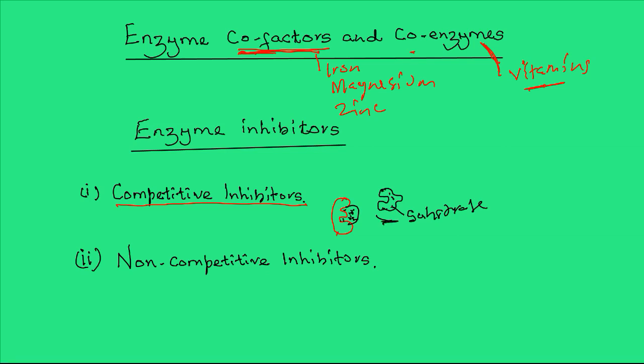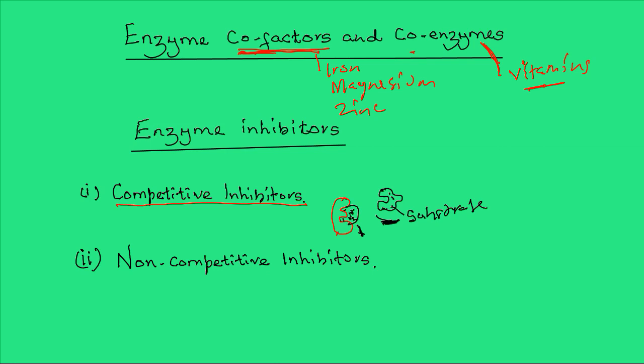If we increase the concentration of this substrate, then there will be higher chances of this substrate getting to the active site before the inhibitor does. So one way of overcoming the competitive inhibition is by increasing the substrate concentration.